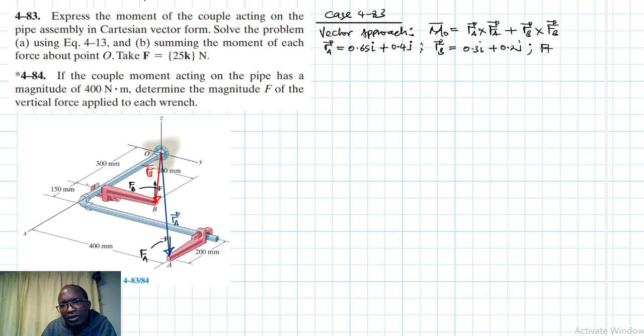And what are the forces? FA is just going to be equal to minus 25k, and FB is equal to positive 25k.